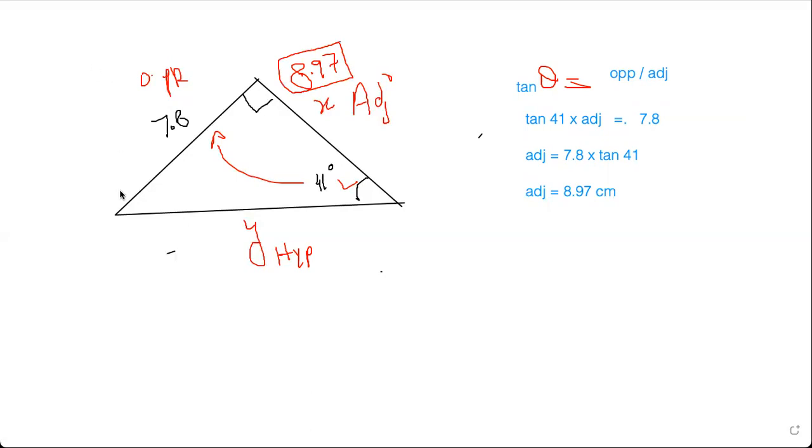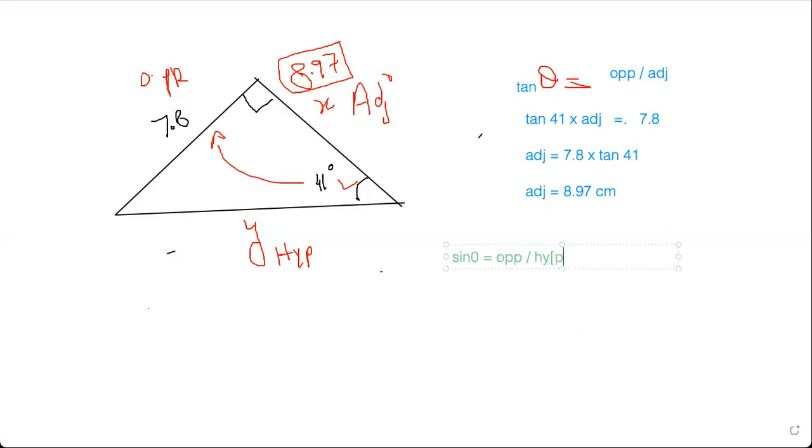All right. Now for the hypotenuse, you have a number of options. If we check the trigonometric ratios, now we have opposite and adjacent both. So for the hypotenuse, you can use sine theta. Sine theta is equal to opposite over hypotenuse.